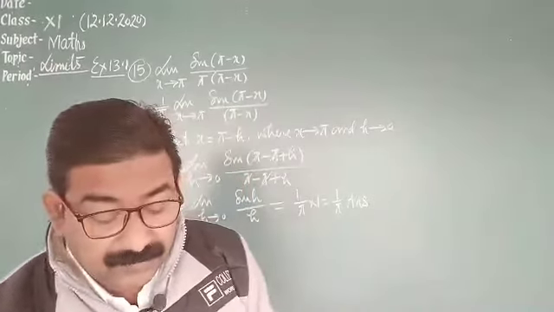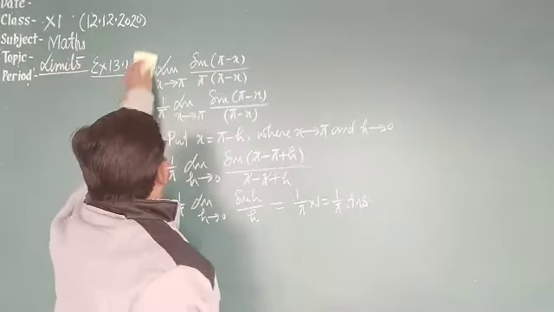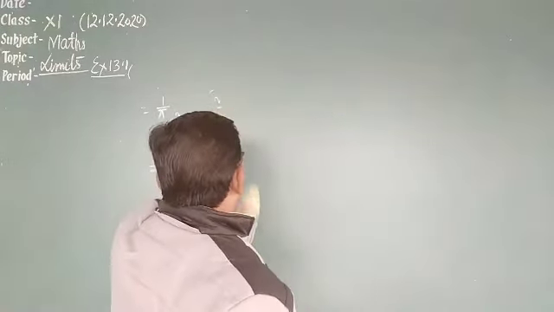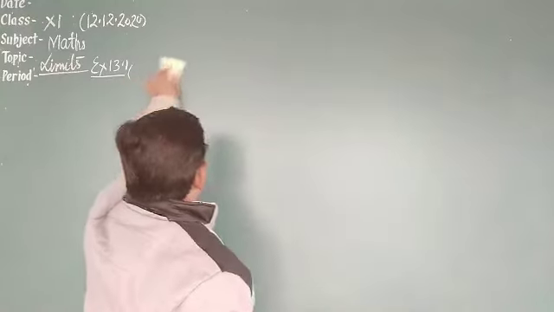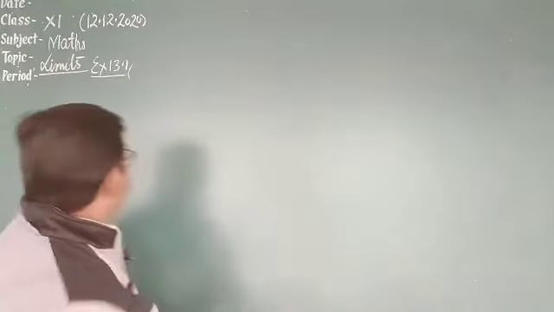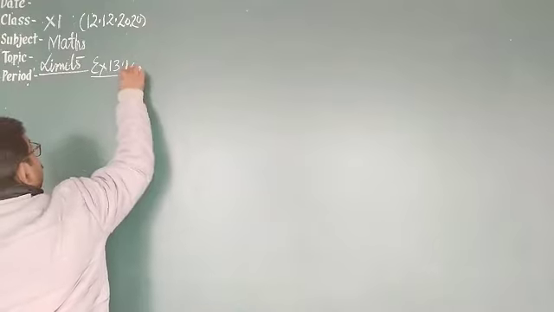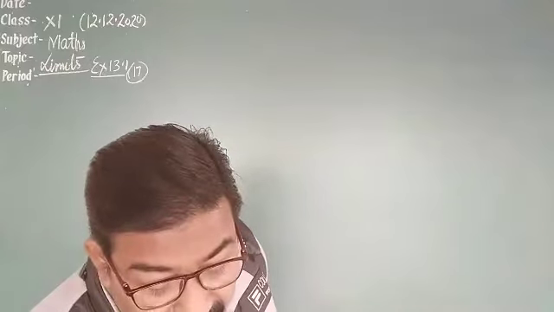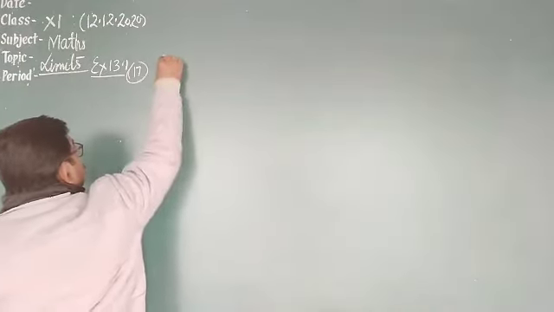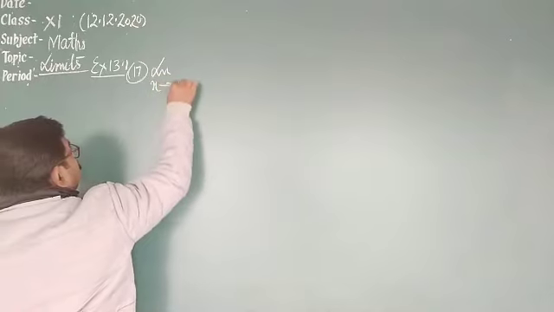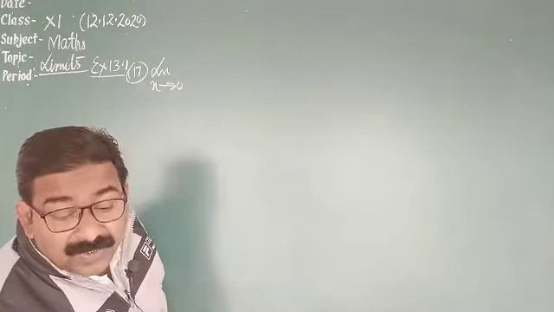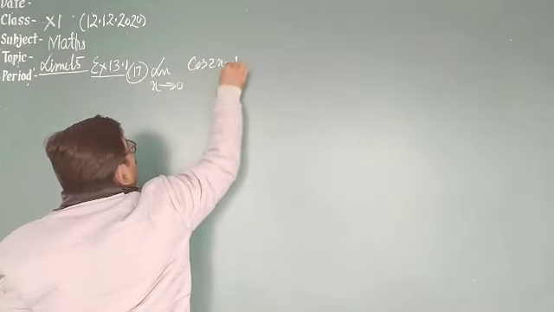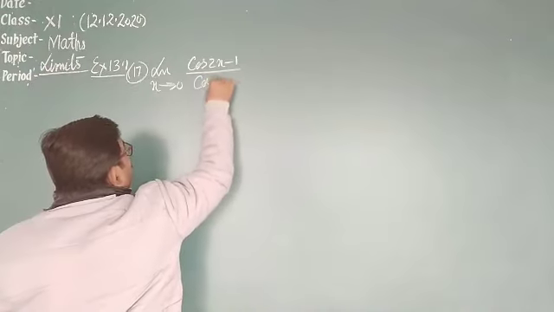I am solving the 17th question. In the 17th question we are given limit x tends to 0 of (cos 2x minus 1) upon (cos x minus 1).